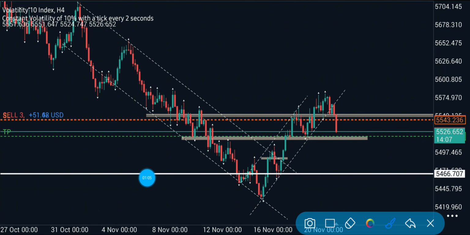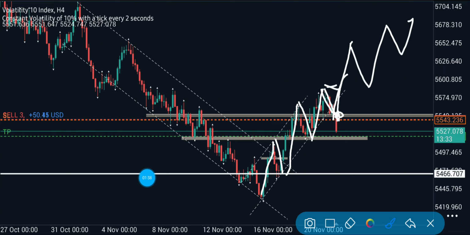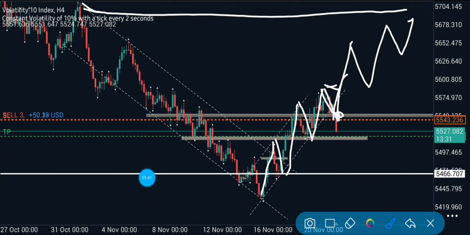Okay, so on the 4-hour time frame, the market was giving us higher high, higher low, higher high, higher low, and then it breaks out of this structure, giving us another higher high. So I was expecting the market to come here and retest the zone that I've marked, then give us another high, breaking the structure, and then the trend will continue until it gets to this zone here.